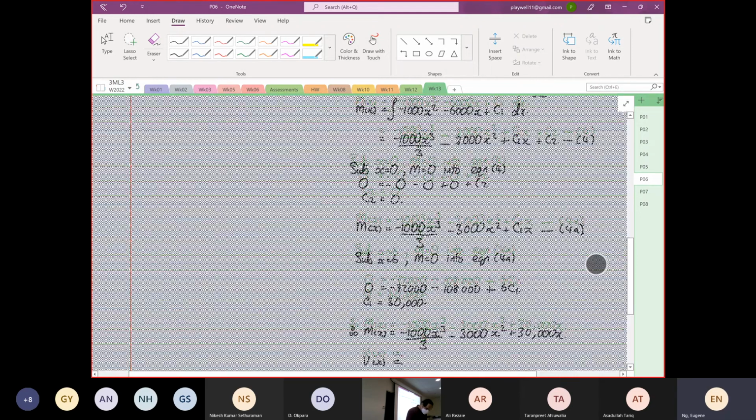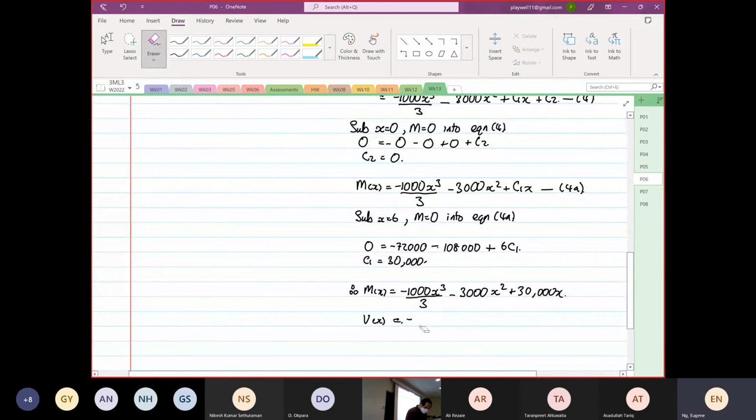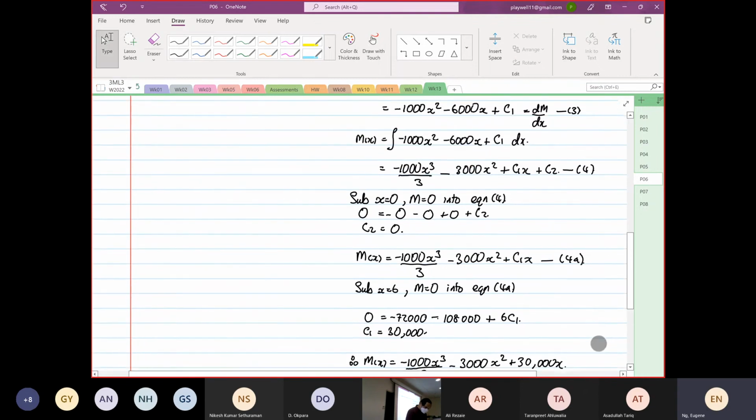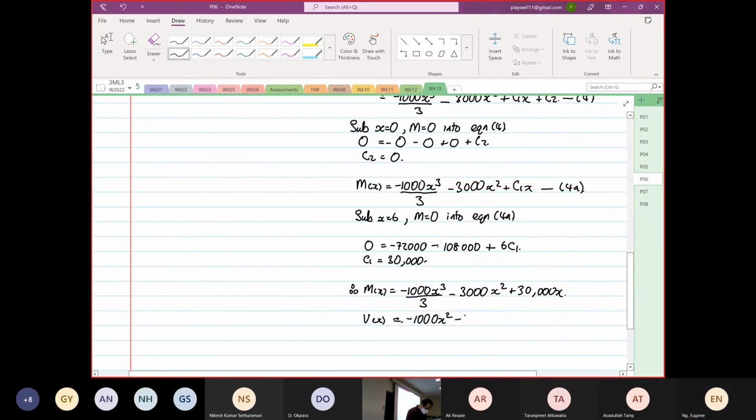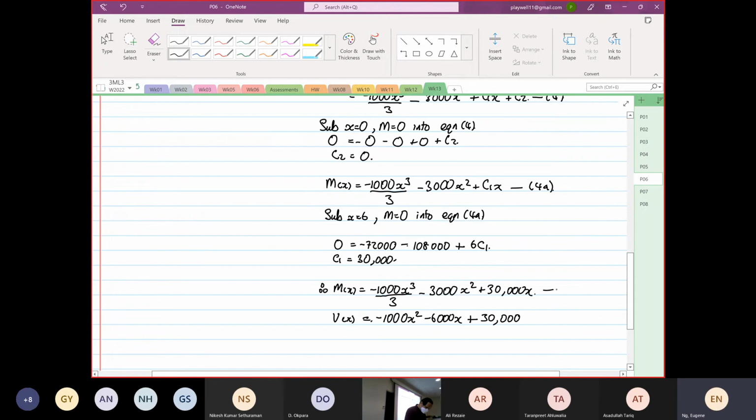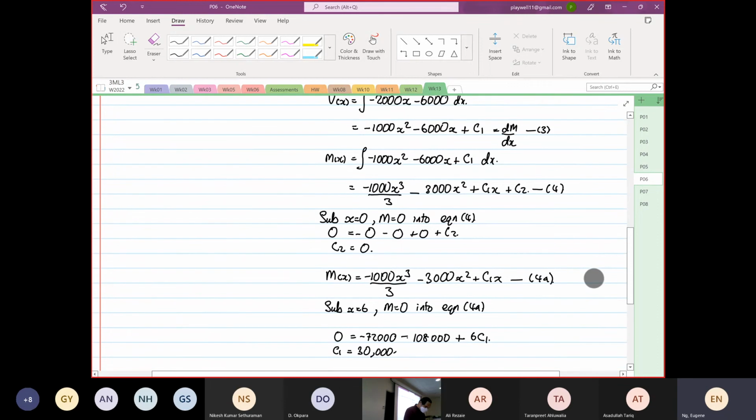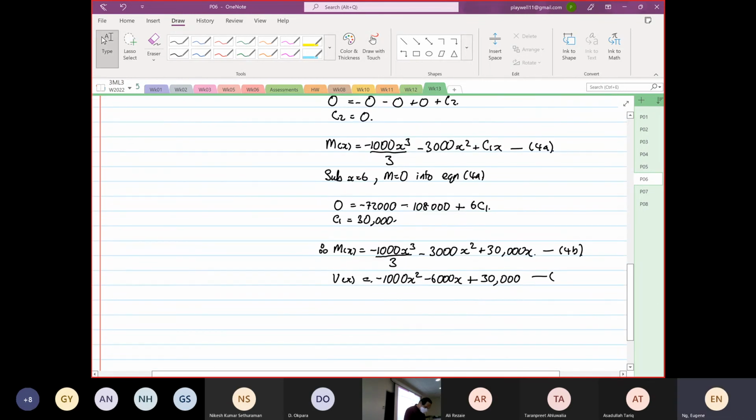Minus 1000 x squared, minus 6000 x plus 30,000. So this is your equation for V, and this will be your equation for M. Okay, so this is how your shear force and bending moment equations look like.